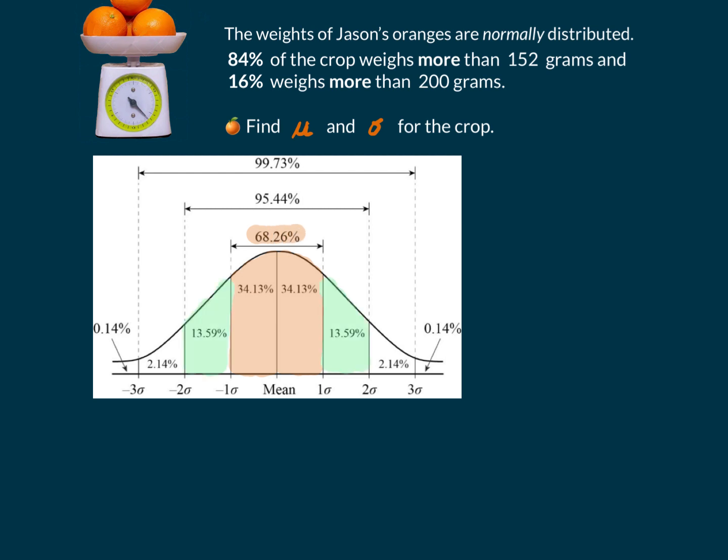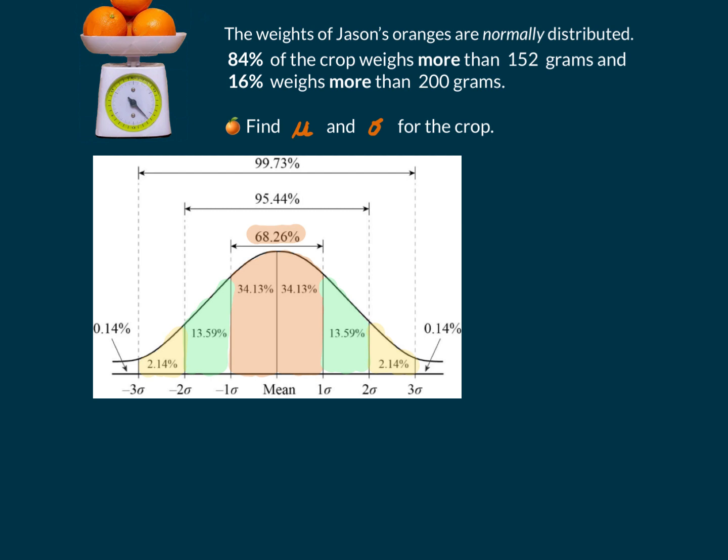Apart from the fact that about 13 or 14% is between the first and the second deviation on both sides, we also have around 2% on both of the tails. Now notice that this graph never touches the x-axis.